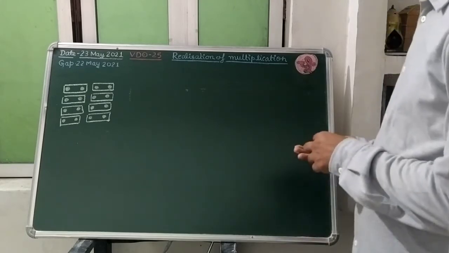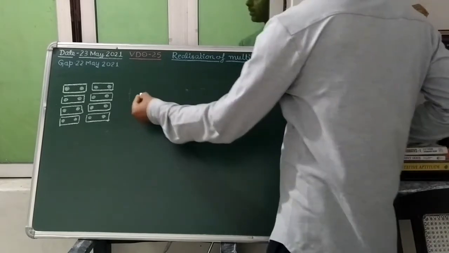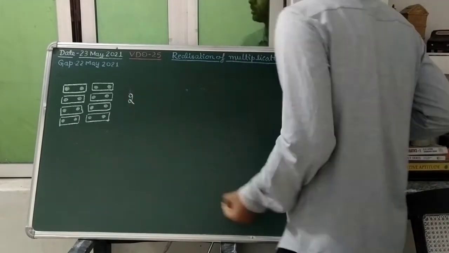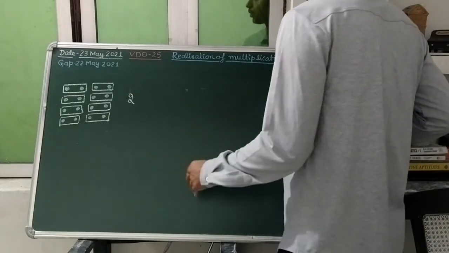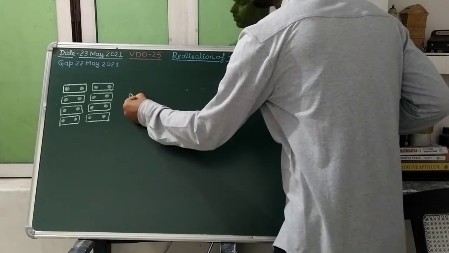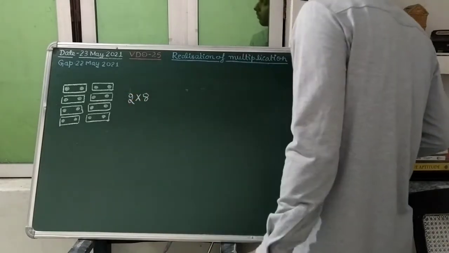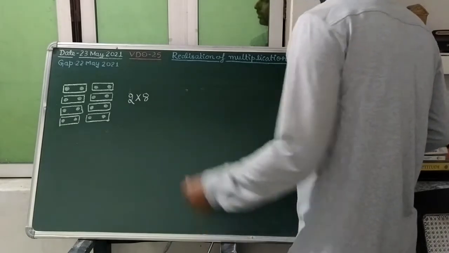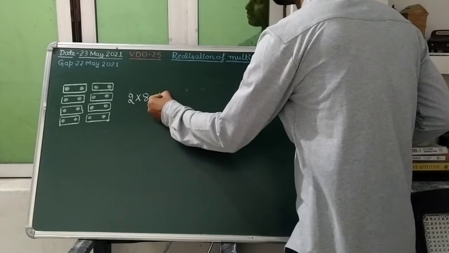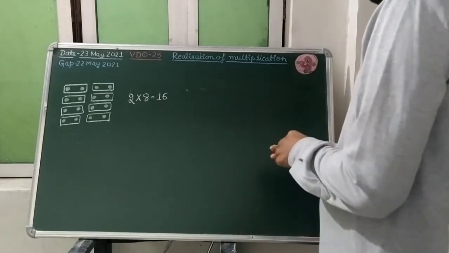Of course, 8 groups, isn't it? So students, if you are grouping this array in 2 dots, one group has 2 dots, and you are finding 8 groups. 2 into 8 will give us what, students? 16. Isn't it, students?